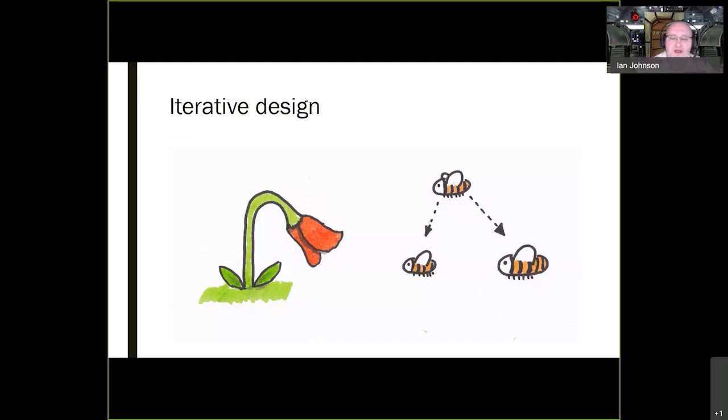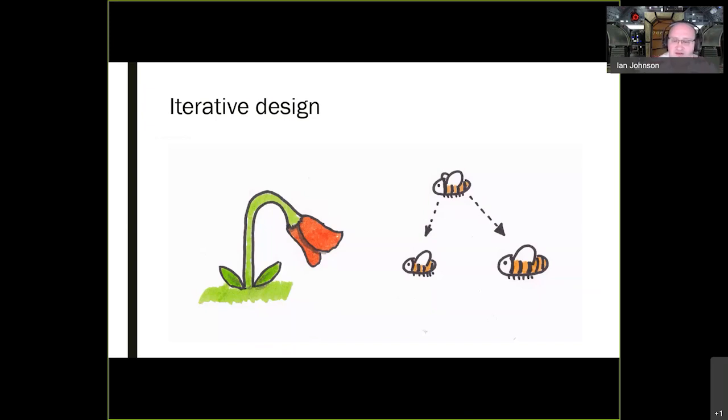So, for example, the flower and the bee. The flower wants the bee to be forced to pass the stamen to take pollen in order to get to the nectar. It produces nectar to attract the bee in the first place. The bee, at the same time, wants to get to the nectar in the easiest way possible.